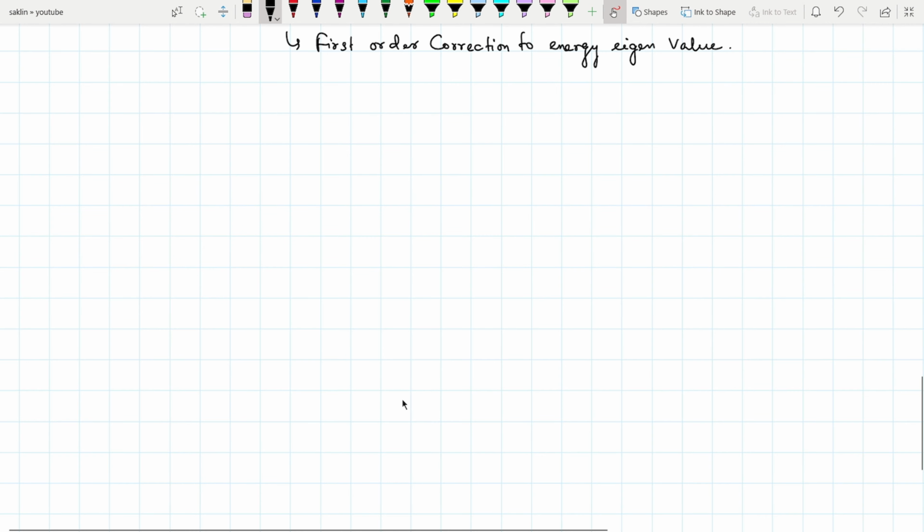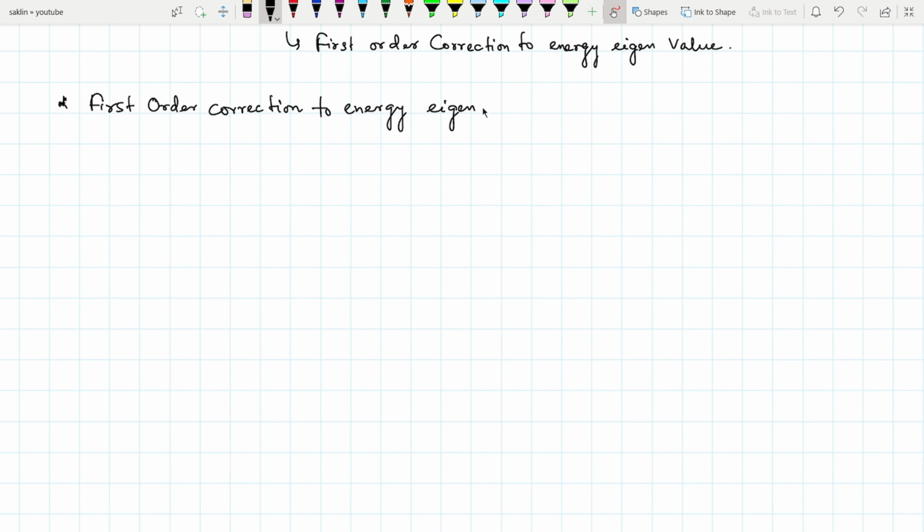Now we will derive the first order correction to the energy eigenfunction. This is also very important. Stay with me, then you will understand the calculation of the first order correction to the energy eigenfunction.